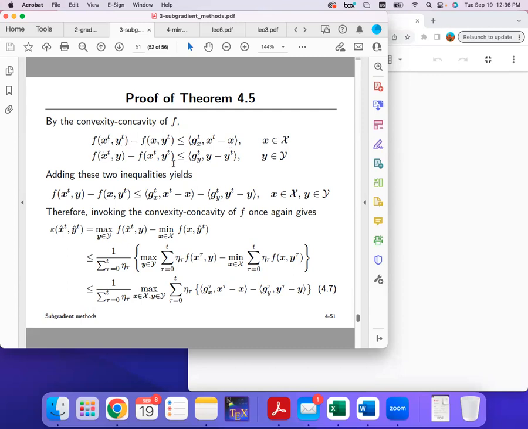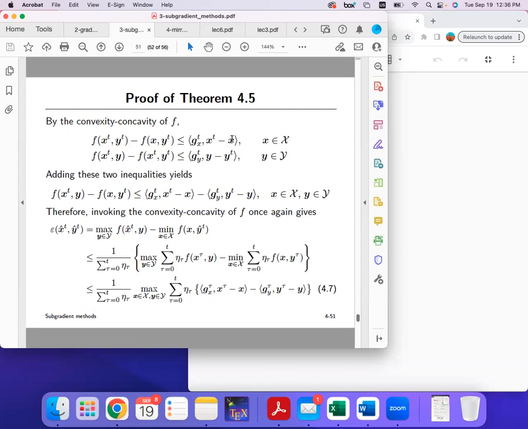Now the second inequality, we fix xt, and then the function is concave in y. So this is based on concavity of the function in y. And you see these two have different signs.